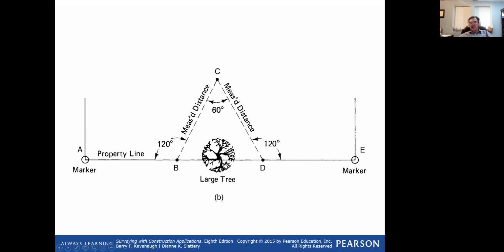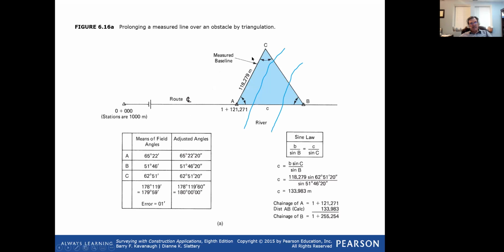But if you're going to do triangulation like this, a total station is not going to help you unless you have prismless technology to take a shot on this point over here. Otherwise, you're going to have to write things down and do some math to figure out the answer to this question right here. What is the value of B?